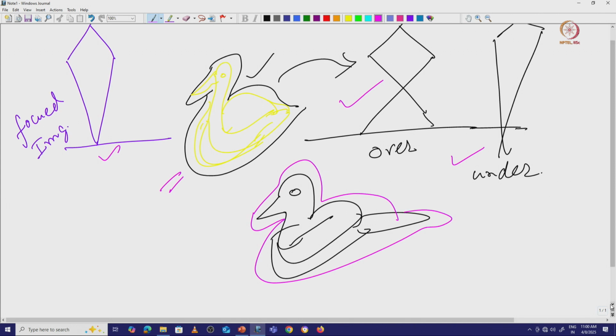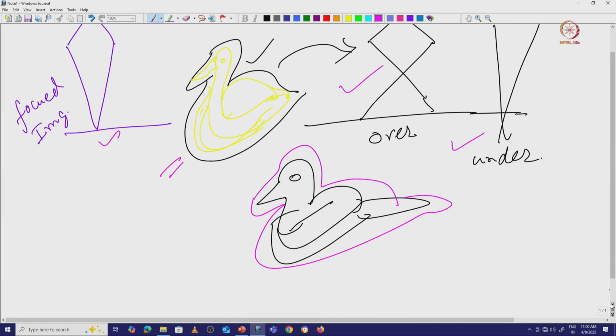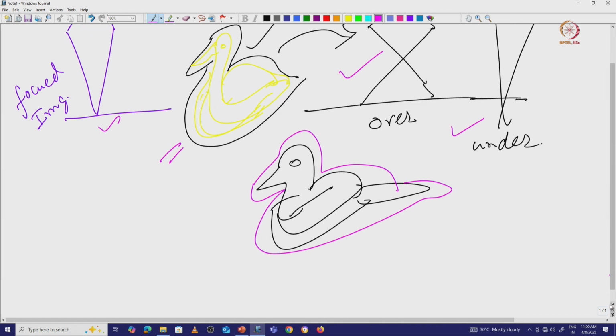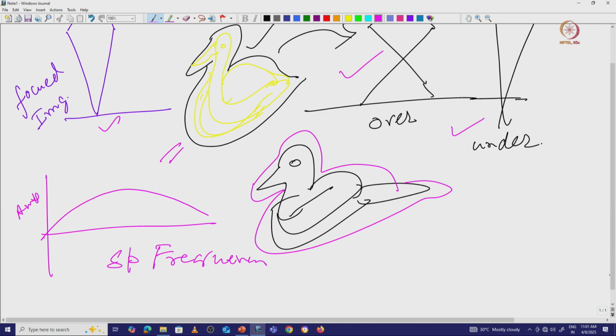Now take a look at the signal. When we are transferring the signal, what kind of changes happen to it? When there is a focused image, if you put the spatial frequency here and this is the amplitude, you can see there is an electron beam. When it is under focused, the electron beam goes like that.